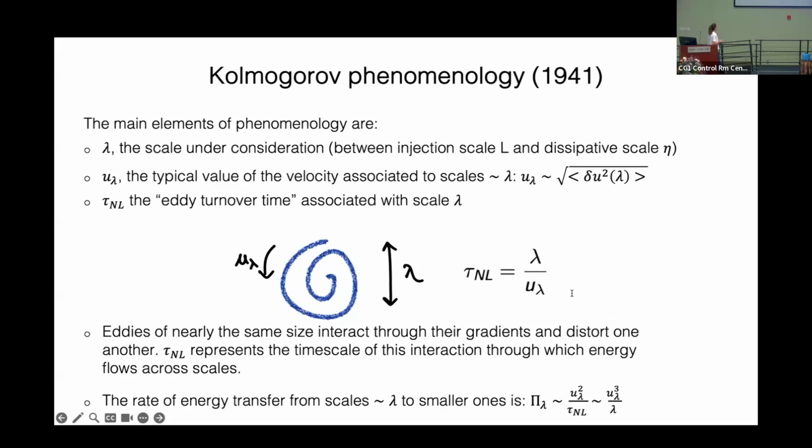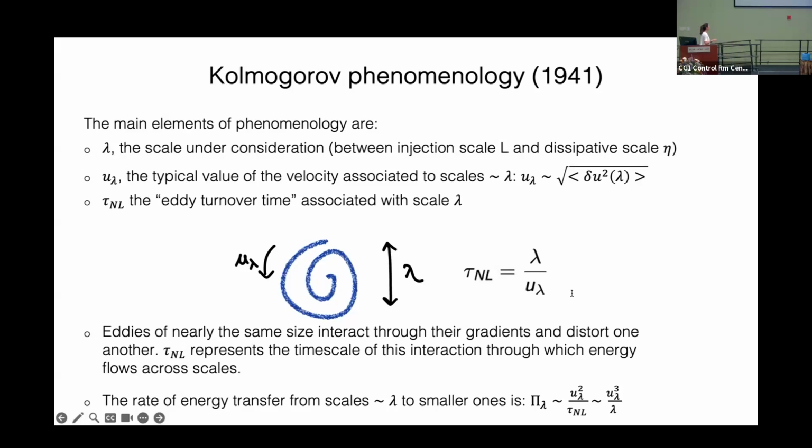And so the main elements of this phenomenology are the following. We have lambda, the scale under consideration. We have u lambda, which is the typical value of the velocity associated with that scale, and tau NL, the nonlinear time or eddy turnover time associated with scale lambda.